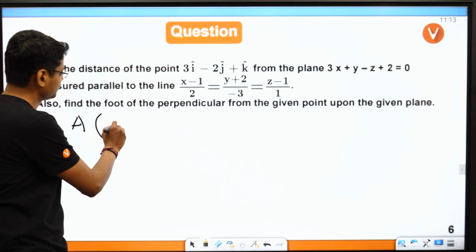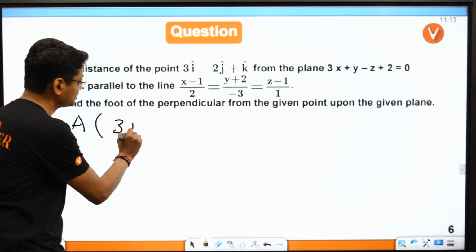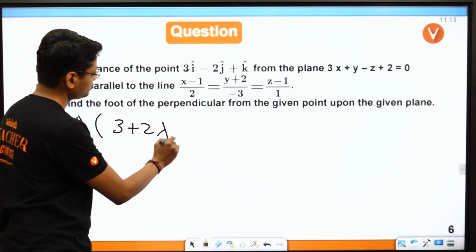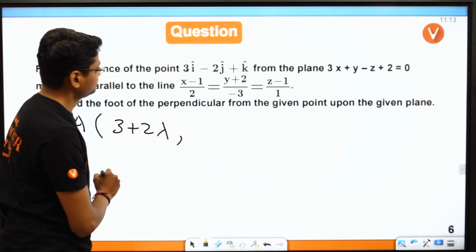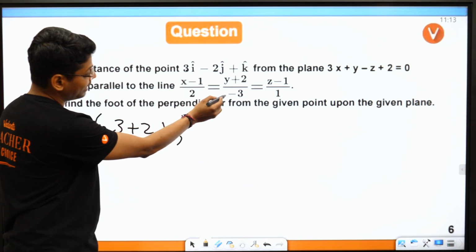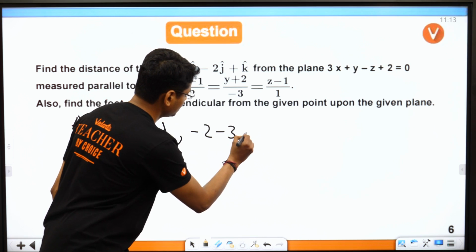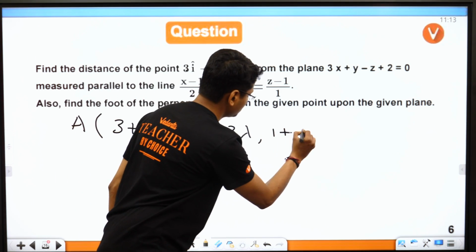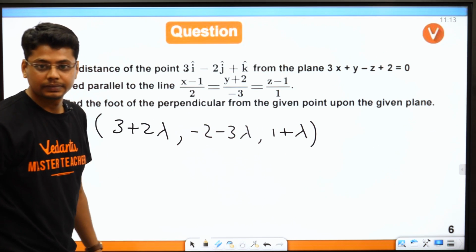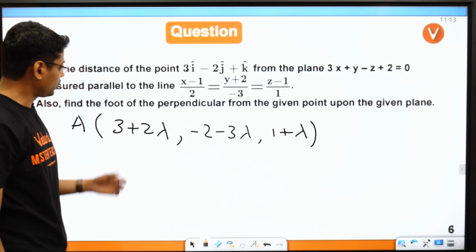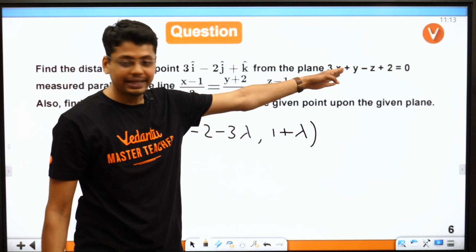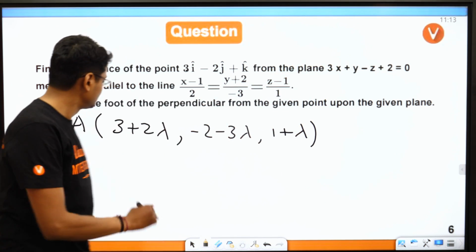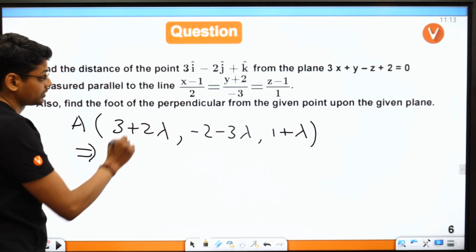So the point would become 3 plus 2 lambda, comma, minus 2 minus 3 lambda, comma, 1 plus lambda. Right? Now this point lies on this plane, so this should satisfy this equation. So what do we do?